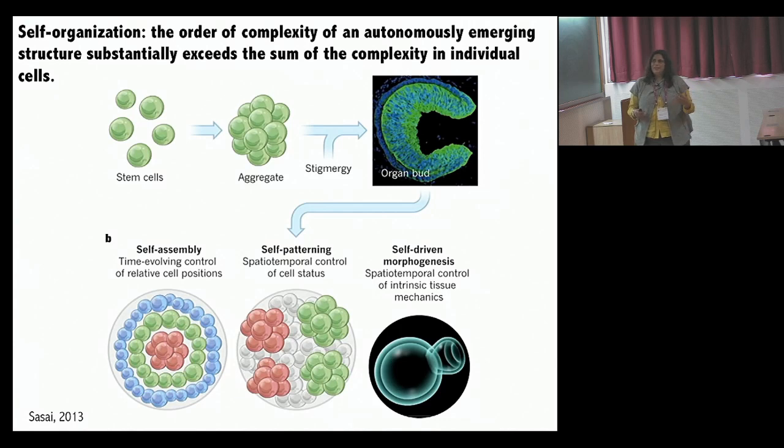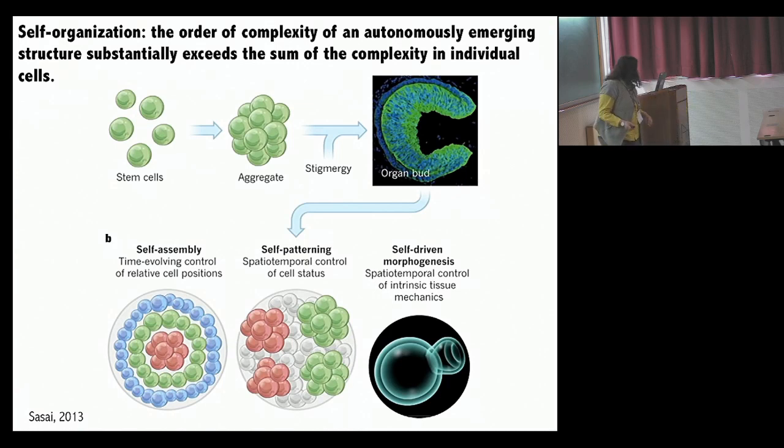cells or cell collectives can actually generate quite complex patterns in the absence of very complexly patterned signals in their environment. One of these is the ability of cells in mixtures to sort themselves out.